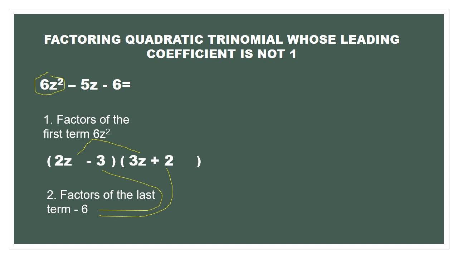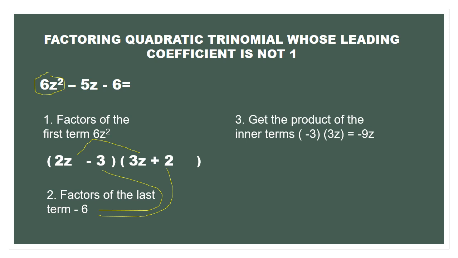Tingnan natin kung tama ang ating sagot. Ano ang gagamitin nating pang-check? We're going to use the multiplication of two binomials. Dapat ang maging sagot natin ay kapareho ng ating given.